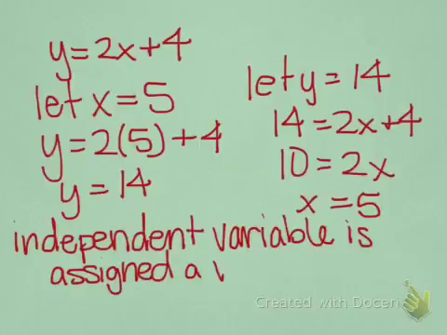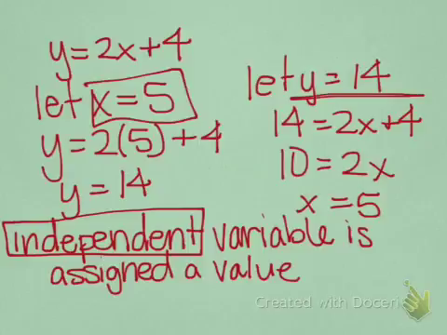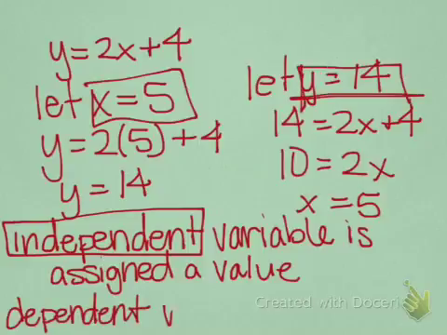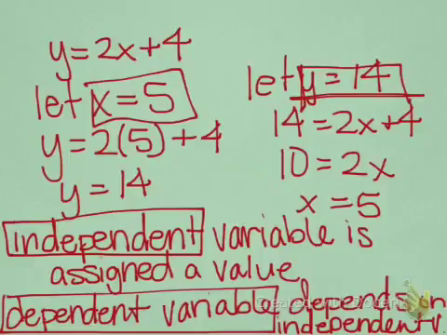So when we talk about independent variables versus dependent variables, independent variables are the ones that are assigned the value. So in our first equation, our independent variable is x. In our second equation, the independent variable is y. The dependent variable depends on the independent variable.